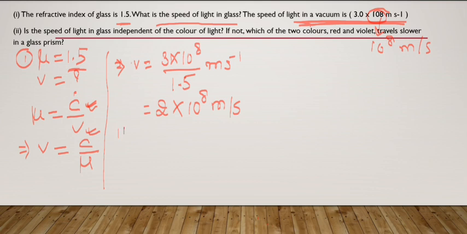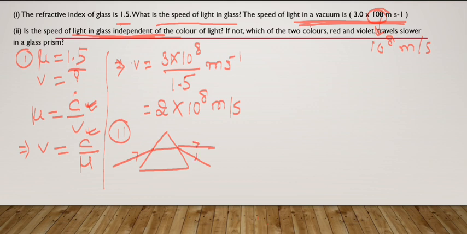Students, the second part of the question says, is the speed of light in glass independent of the color of the light? If not, which of the two colors, red and violet, travels slower in the glass prism? Students, we have studied the phenomenon of dispersion in a prism. When white rays are incident on the prism, they get dispersed into 7 different colors.